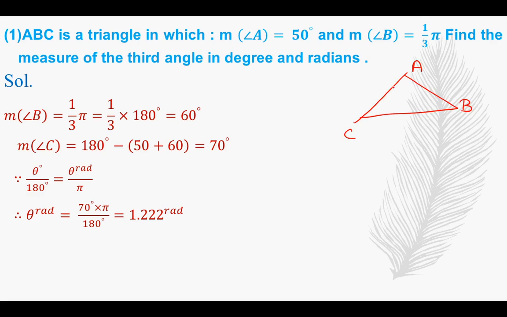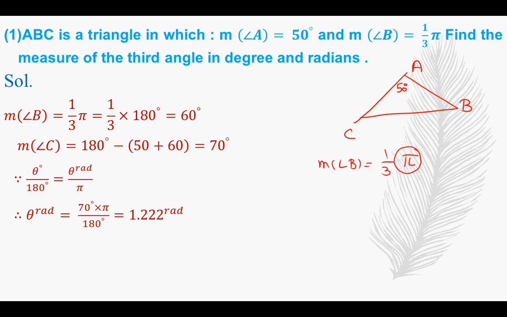The measure of angle A is 50 degrees and the measure of angle B equals 1 over 3 π. A very important remark: if we want to change the measure of angle B, which equals 1 over 3 π, we know that π in radian measure is equivalent to 180 degrees in degree measure.